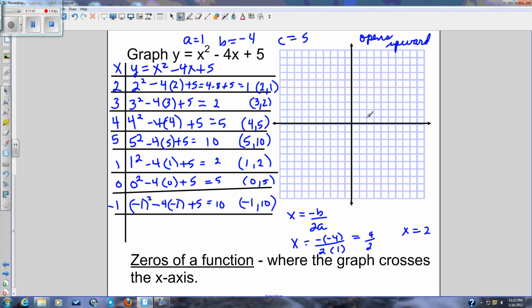2 comma 1. It's right here. Then we have 3, 2. Oh, I went up an extra one. I'm sorry. So 3, 2 is right here. And then we have 4, 5.